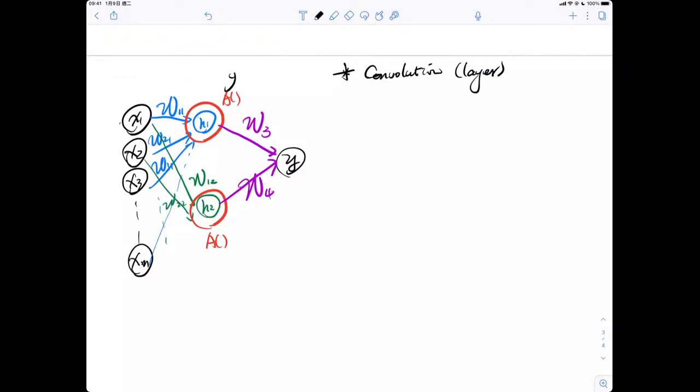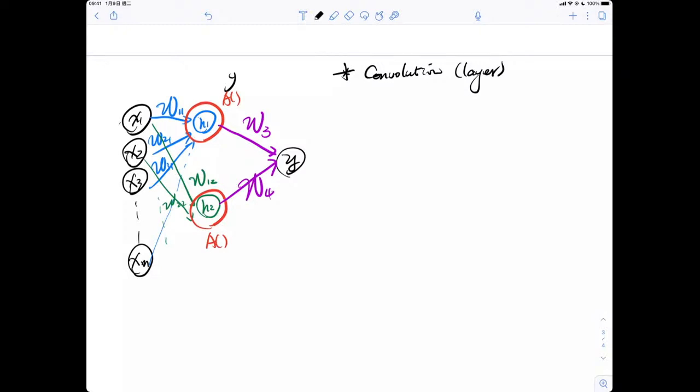Then the neuron considers different weights on different information and sums them up to integrate the information, and passes the result through A, an activation function. So H1 has its own perspective to view those data.